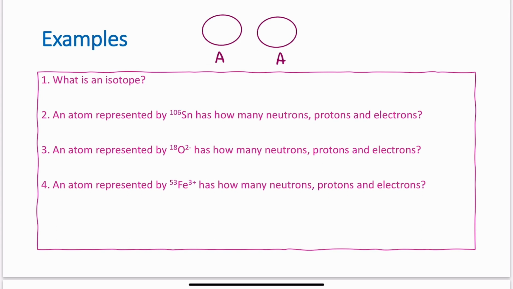The difference between these is that the two atoms are atoms of the same element. But I just said difference. Now I'm saying same. They are the same element, but the atoms themselves differ in the number of neutrons in their nucleus.